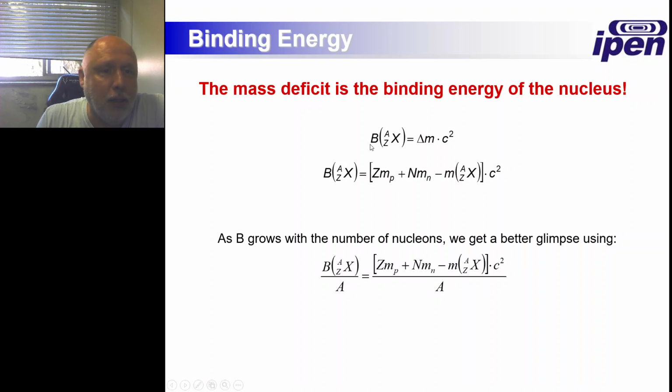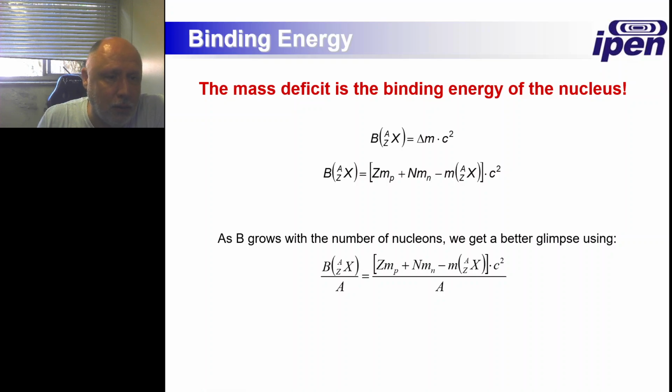So to determine the binding energy, we will do Z, the number of protons, times the mass of the proton. The number of neutrons, remembering that the number of neutrons is the total number of nucleons, which is the atomic mass A, minus the number of protons, right? This is protons plus neutrons. If we subtract protons, we're left with neutrons. So we have number of protons times the mass of the proton, number of neutrons times the mass of the neutron. And then we subtract the mass of the whole beast together, right?